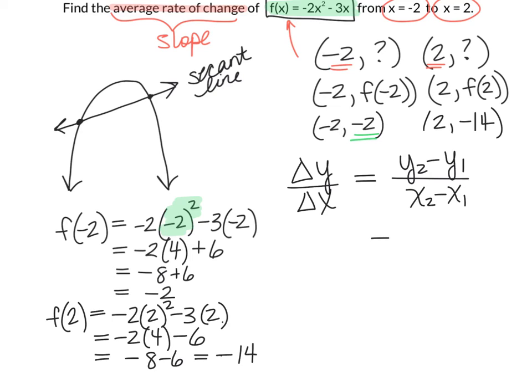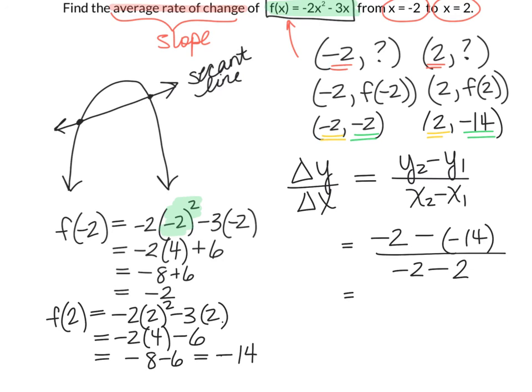So if my y value is negative 2 for my first coordinate minus the y value of my second coordinate, which is negative 14, that's negative 2 minus negative 14. And then since I started with negative 2 as my y value, in the denominator I should start with the corresponding x value, which is negative 2. So that's negative 2 minus the corresponding x value here, which is positive 2.